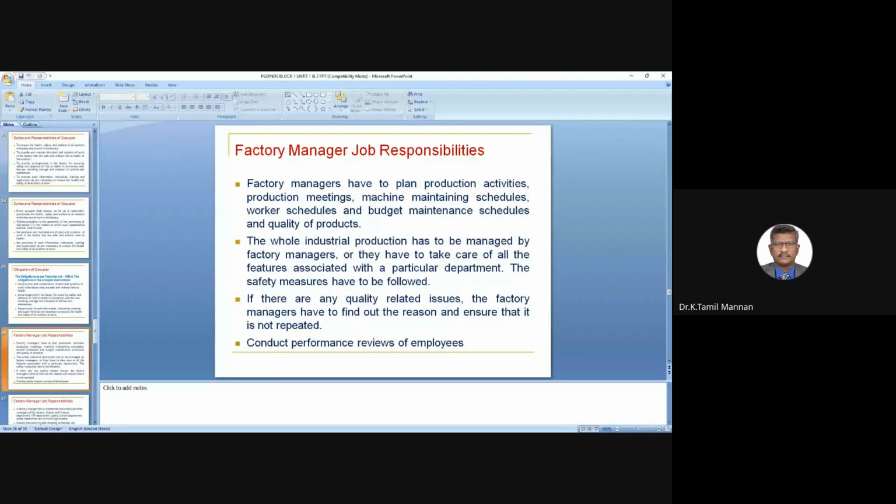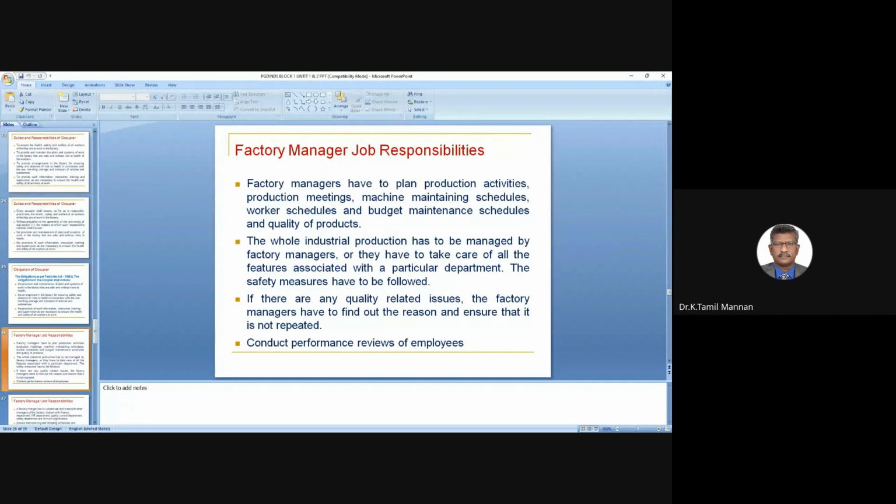These are the obligations of occupiers. Next, manager responsibilities. So what are the manager responsibilities in the industry related to industrial safety? The factory managers plan production activities, production meetings, machine maintenance schedules, work schedules, budgets, and quality of products.